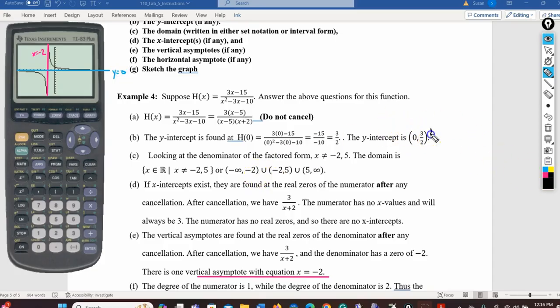We can confirm that there's a y-intercept at (0, 3/2), which is 1.5, which is right between 1 and 2. That fits. And that there are no x-intercepts. That is what's happening because this is approaching but never reaching the horizontal asymptote, which is our x-axis.